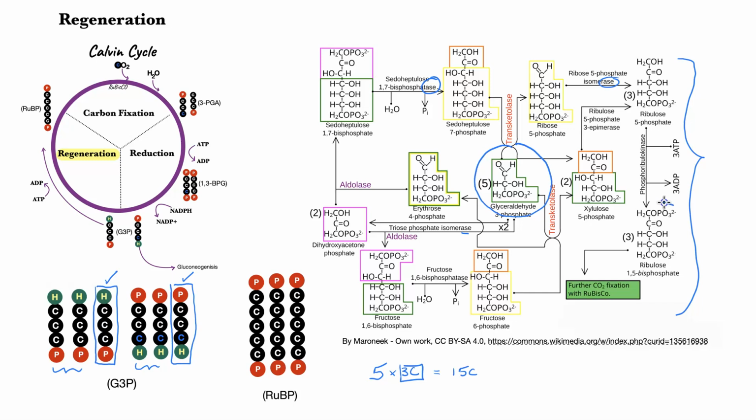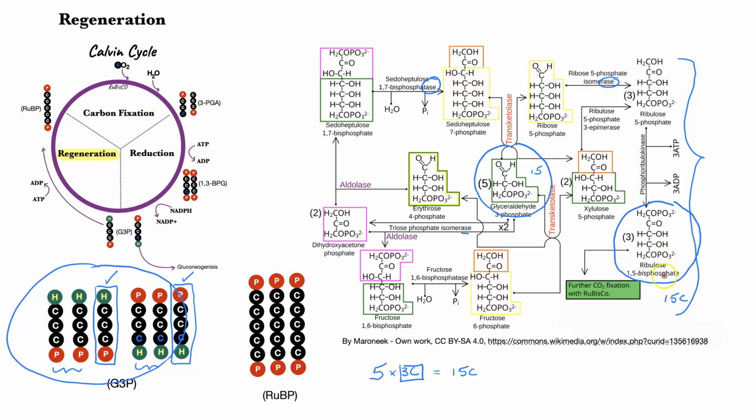We're going to make, at the end of this, 3 RuBPs, which are 5 carbons apiece. 3 times 5 is 15 carbons here, and we started out with 15 carbons here. We started out with 5 of these molecules, and we had 15 carbons, and now we are left with 15 at the end.